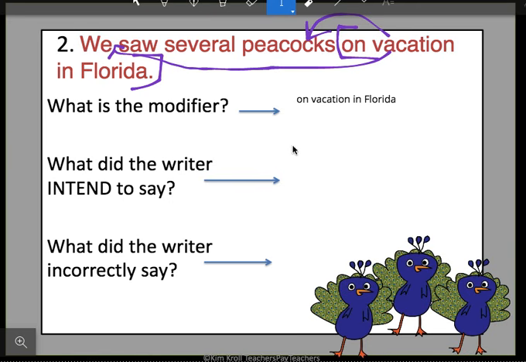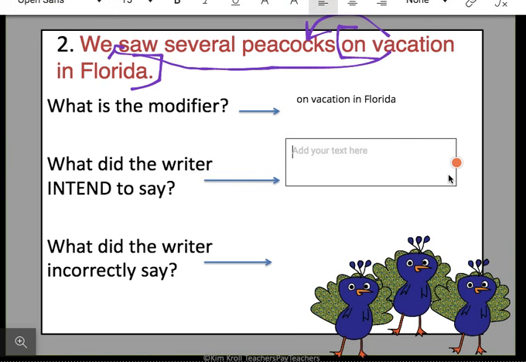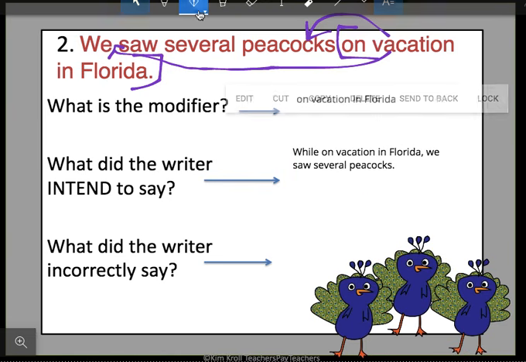So they intended to say that while on vacation in Florida, we saw several peacocks. Now you can see that our modifier, "while on vacation in Florida," is right next to the word we. And so it makes it sound like we are on vacation in Florida.